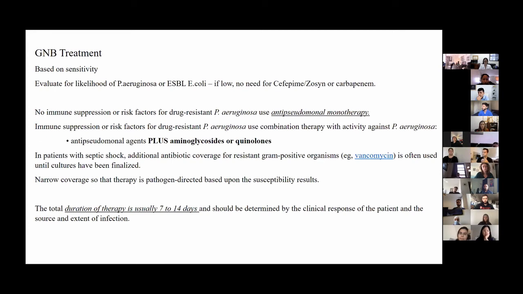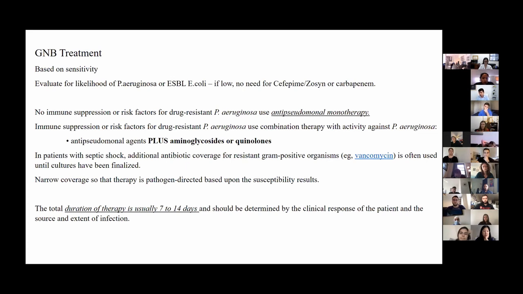So really for gram-negatives, we base our treatment on sensitivity. I actually realize as I'm talking to you now, I didn't mention the SPICE organisms, which tend to, even if they say they're sensitive, develop resistance.